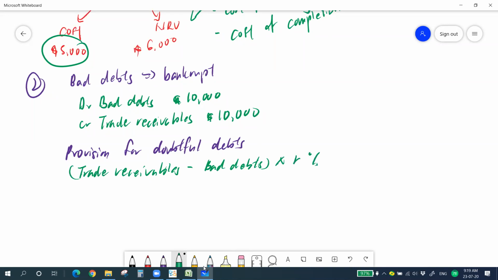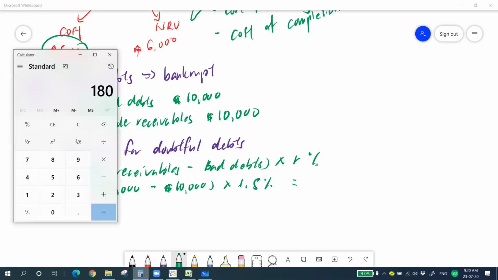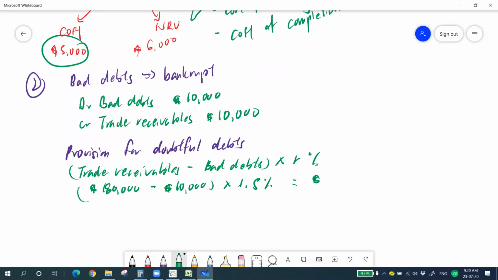For this company, trade receivables 180,000, bad debts 10,000. The provision for doubtful debts is 1.5%. So we get our answer 2,550, which is this year's.